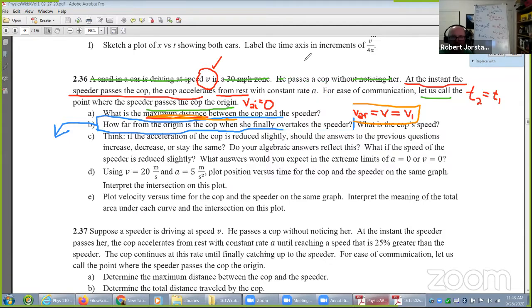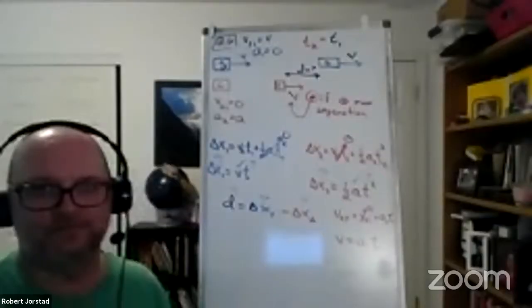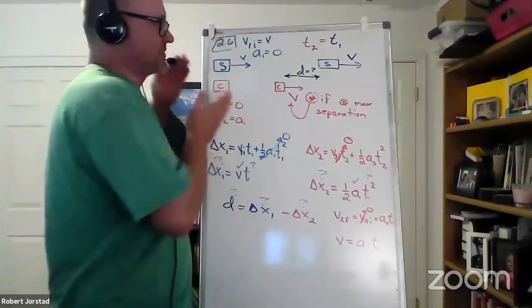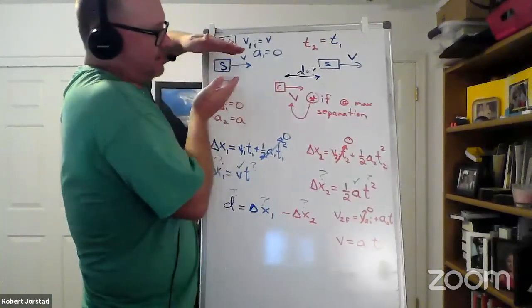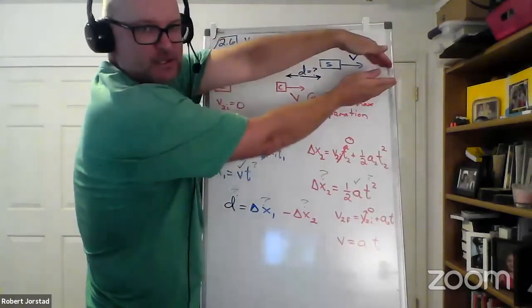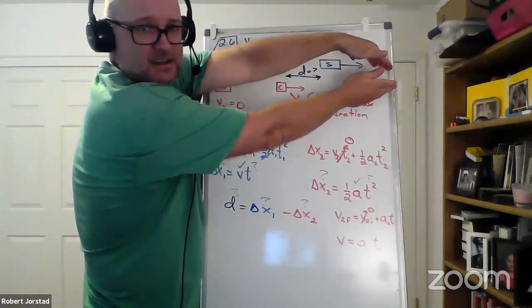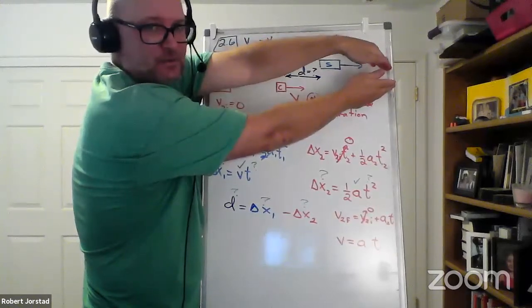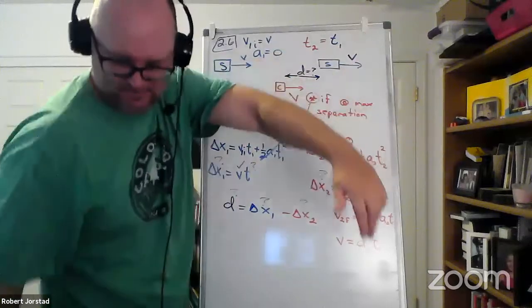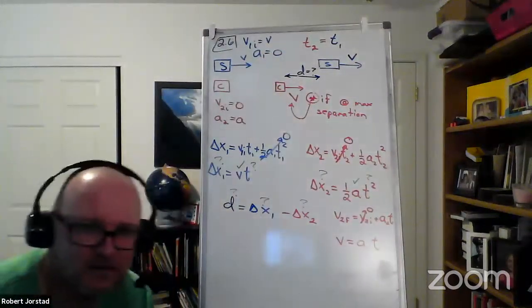If the cop overtakes, I'm going to have to go back to my, hold on. What would this mean if the cop overtakes, right? This guy's going ahead, getting ahead. Finally, they catch up to each other, right? What kind of equation do we get out of they catch up to each other? What does that tell us? What is equal to what? Their distances are equal to each other?